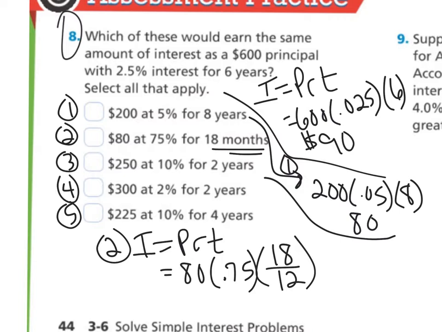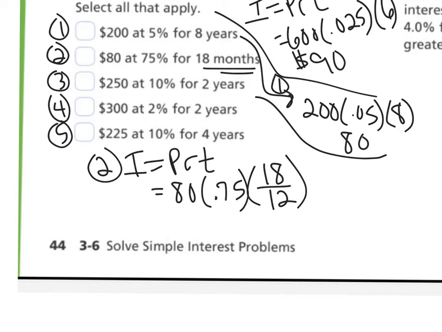So if 17 months, just put 17 over 12. You can actually just type that all at once in your calculator, because 17/12 might not be a nice decimal for you. Okay? In this case, yes, you could do 1.5, but not always going to be able to do that. Decimals won't always be very good. Anyway, if you work that out, that actually does come out as $90.